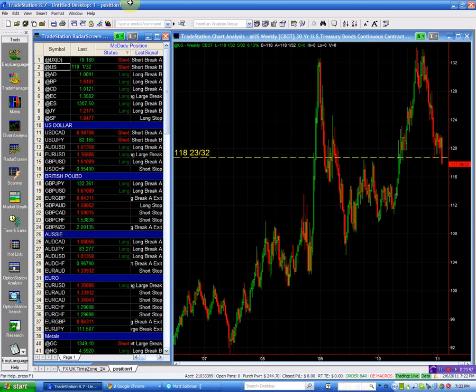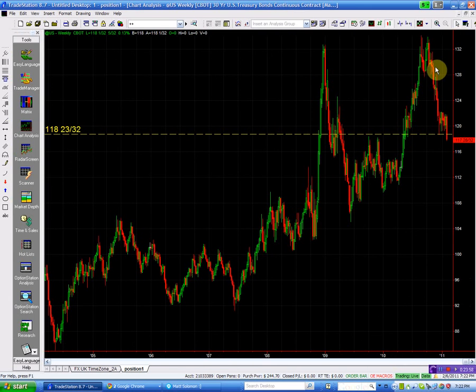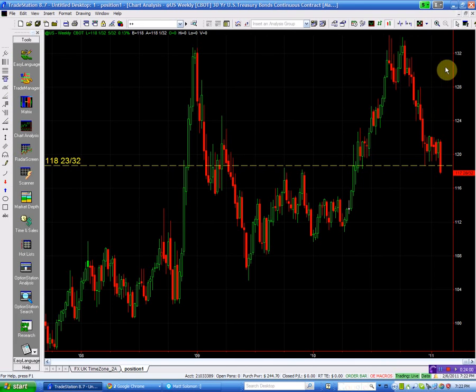The US Treasury bonds, the 30-year Treasury bonds. And that again is a major sell signal. This means that the price of the bonds, the cost of the bonds, is coming down.